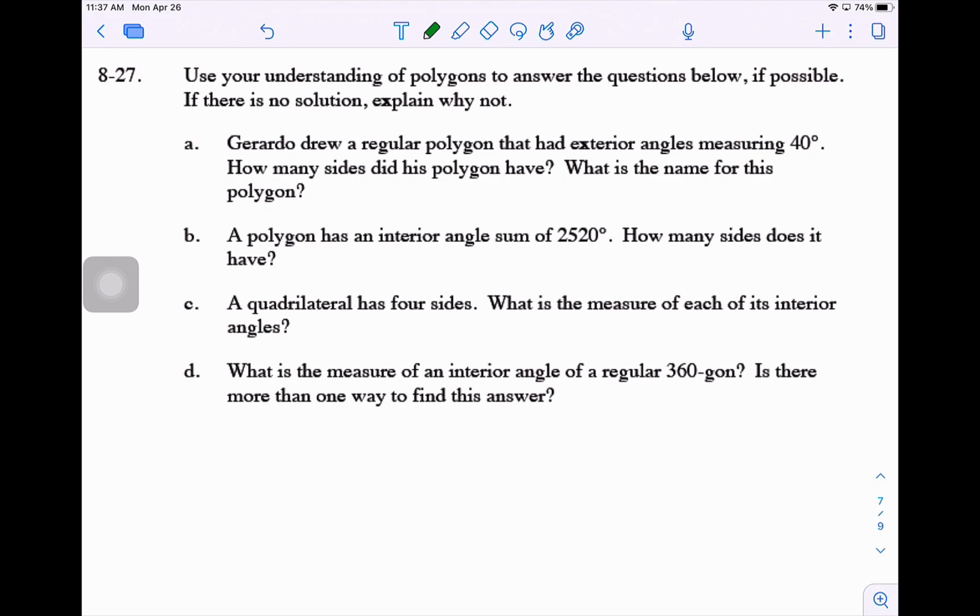Are we talking about a sum, or are we talking about each angle? Are we talking about interior, or are we talking about exterior? Those are kind of your keywords that you're looking for. Regular polygon, or does it not matter? And again, if you get stuck, please ask. The worst thing you can do is sit there and do nothing. You'll be totally lost.